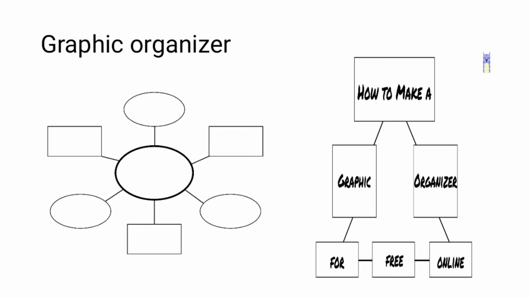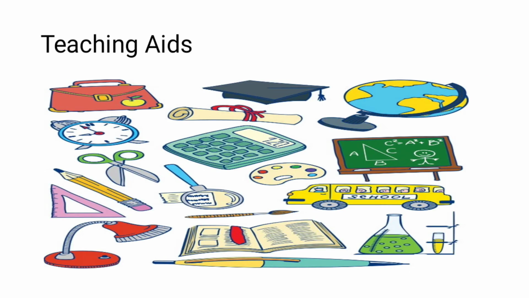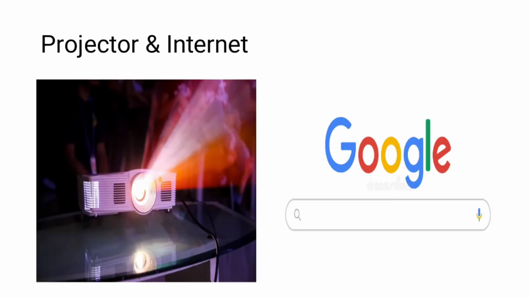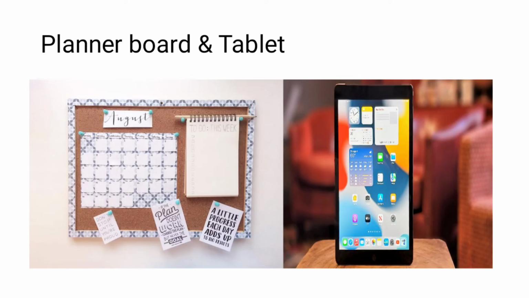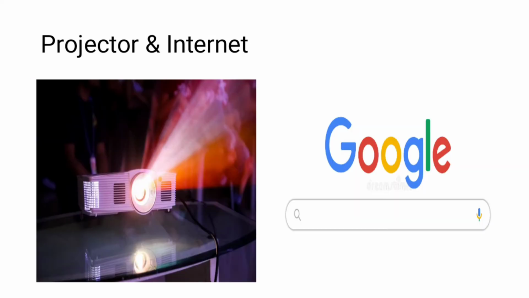And another would be teaching aids. In teaching aids, any device that helps teach, the devices can be traditional items such as blackboards, planner board, and tablets, as well as mobile devices such as projector and also internet.